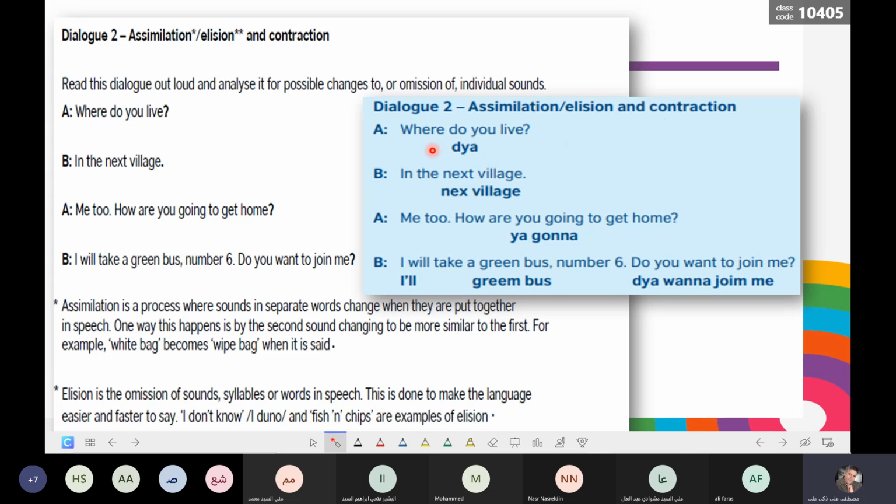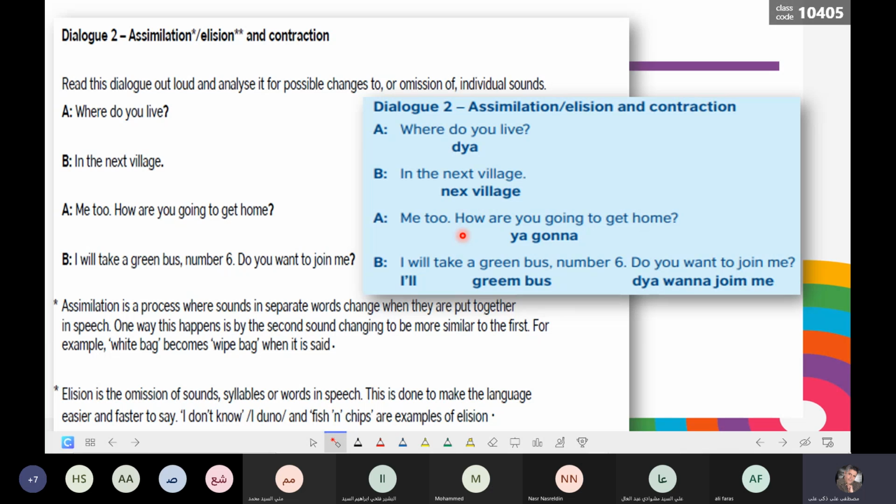The word "do ya," where do ya. Here we have "do you," "do ya." This is called assimilation. The word "do ya." And also next village, we have assimilation here too.